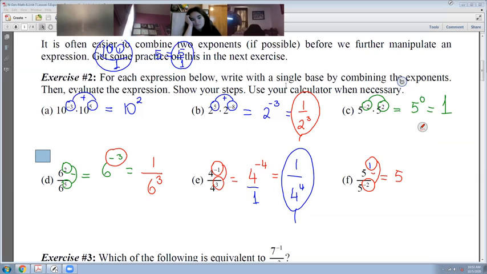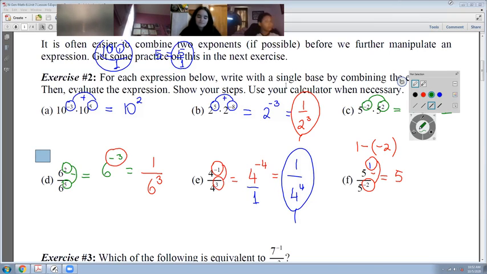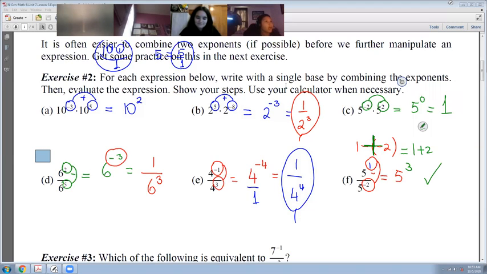Look, 1 minus, yes, it is subtraction, but the second one is also negative. 1 minus negative 2. If you see two negative signs next to each other, you can combine them and make it positive. So what will it be now? 1 plus 2. What is 1 plus 2? 3. Awesome. Yes.